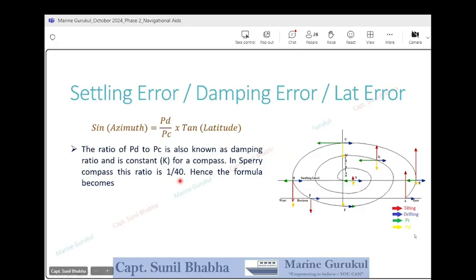So how is this 1:40? Let me take you back a little bit. When we discussed the concept of the gyro compass, I told you there are two weights fitted on a gyro compass. One weight, the bigger one, is used to make the compass top heavy. Now that weight, if you remember, is 680 grams.